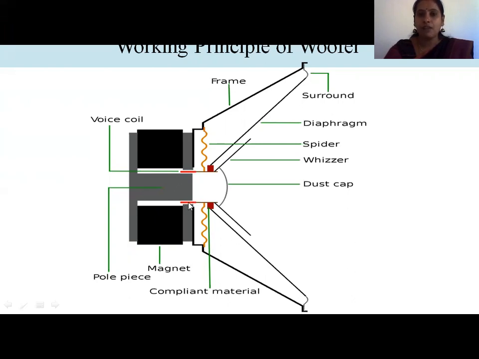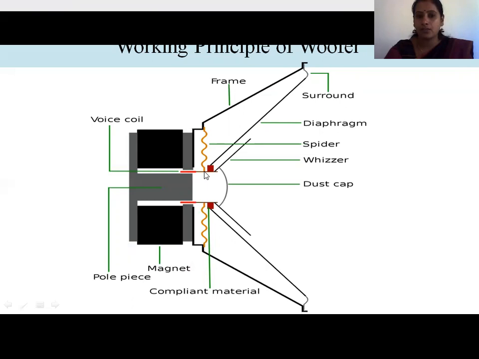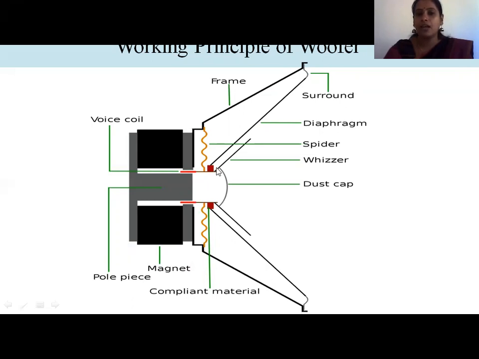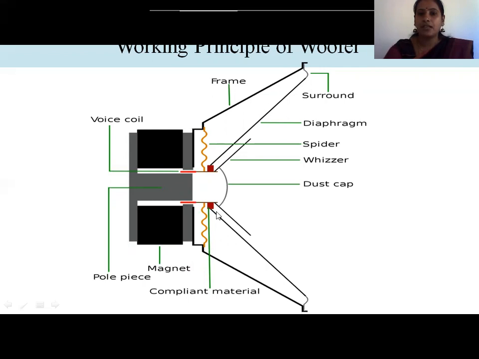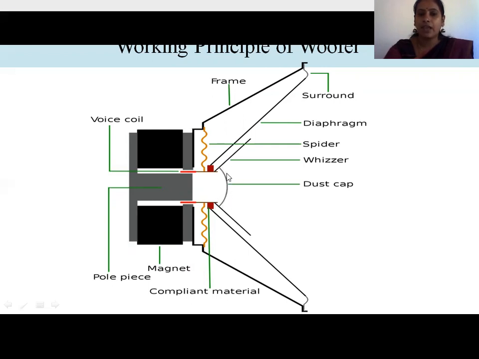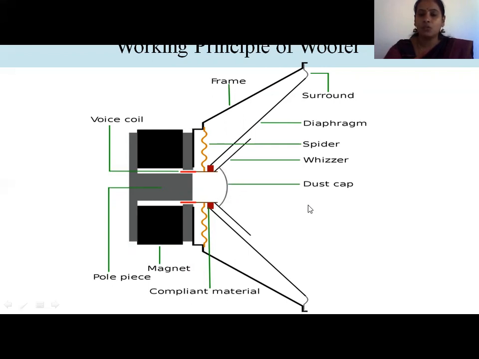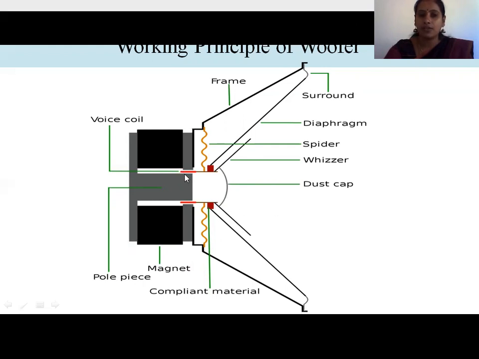In between we have a spider, a physical connection from the frame to the voice coil, and upon it we have a diaphragm. In between we have a dust cap, to avoid any dust particles entering inside the magnet and voice coil.